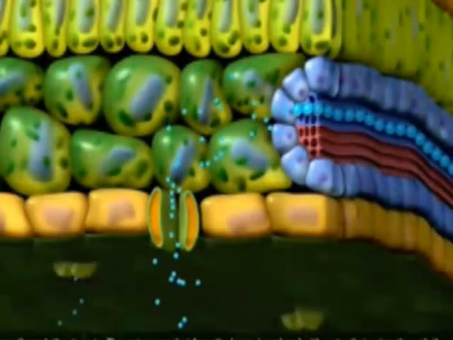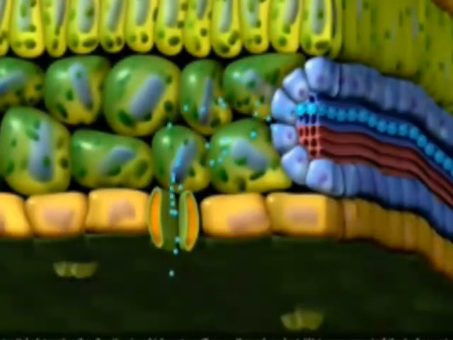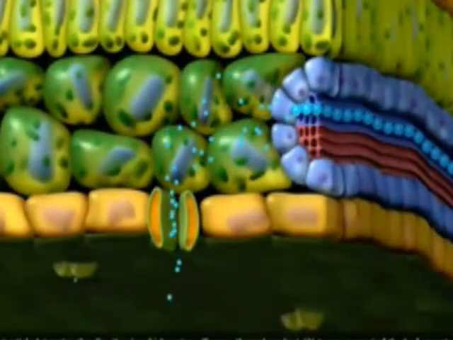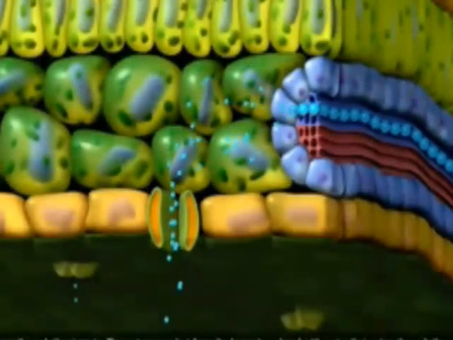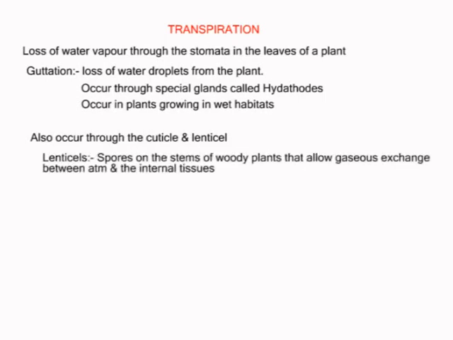The concentration of water molecules is higher in the air spaces than in the atmosphere, and water diffuses out through the stomata into the atmosphere. Transpiration also occurs through the cuticle and lenticels. Lenticels are pores on the stems of woody plants that allow gaseous exchange between the atmosphere and the internal tissues.